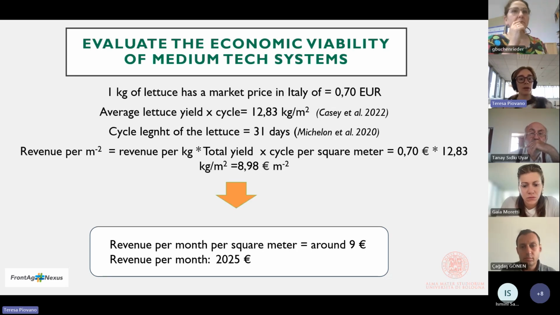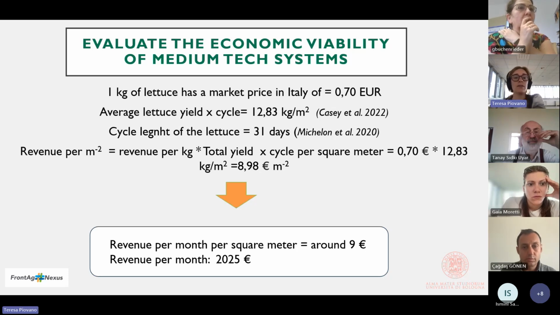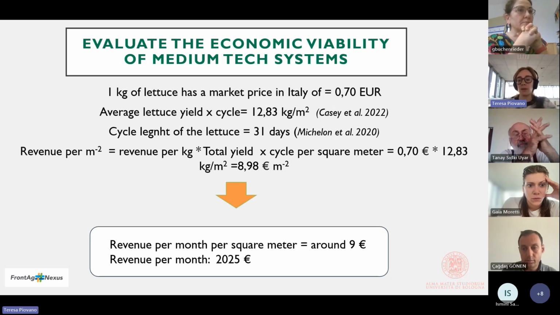So knowing that, and knowing that the average lettuce yield per cycle is 12 kilograms per square meter, and that the cycle length of the lettuce is 31 days, I will be able to define the revenue per square meter, which is obtained by multiplying the revenue per kilogram by the total yield for the cycle length. So I know that per square meter, I can gain 9 euro, so 2,000 euro for the whole greenhouse. That is just one; usually a company has more than one, so this is a simple example.